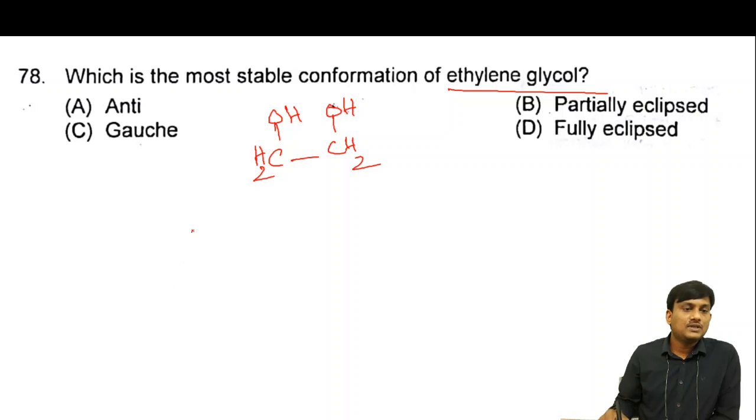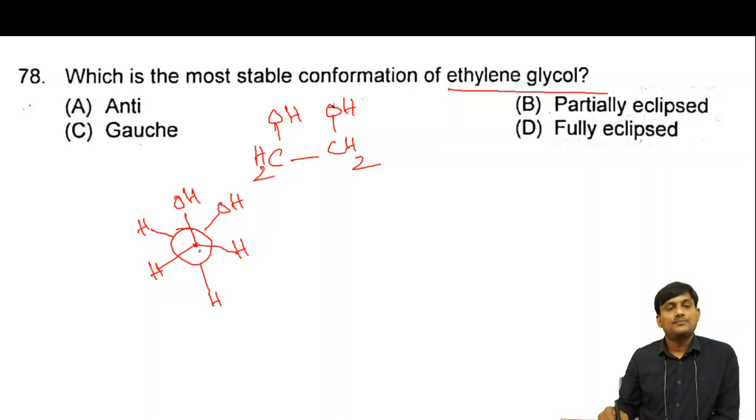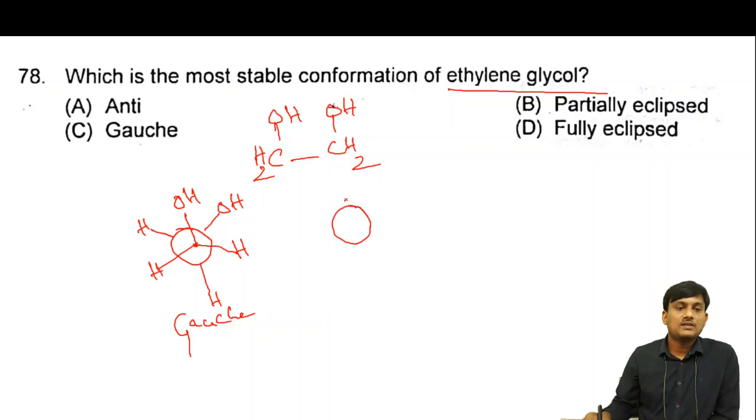Generally, if you take this one, configurations, this is the carbon, and to this carbon you have OH and two hydrogens, and to this carbon you have OH, hydrogen and hydrogen. Okay, this is the gauche, and you have another conformational isomer. Okay, all these are conformational isomers: anti, partially eclipsed, gauche, and fully eclipsed.